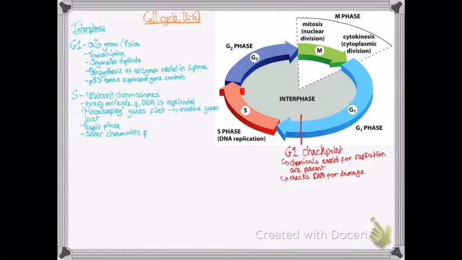It's a rapid phase because as the DNA is exposed, it needs to be as fast as possible to prevent possible agents or mutagens affecting it and destroying the DNA, or just causing mutations really.